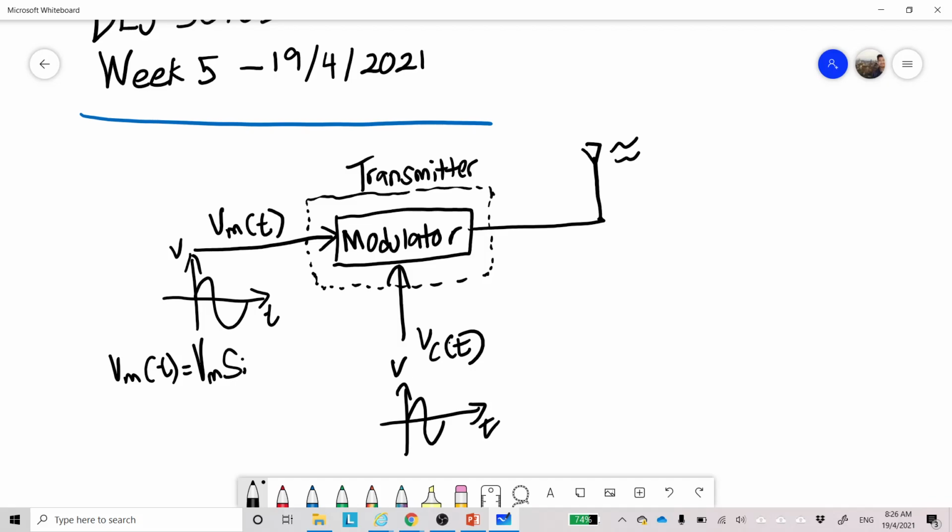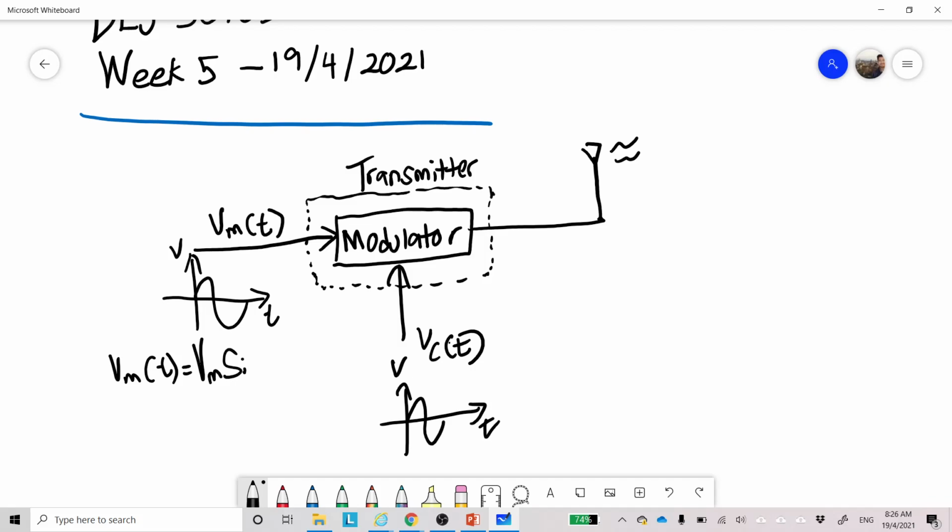Perubahan hasil daripada mixing ini mengakibatkan perubahan amplitude carrier berkadaran dengan perubahan amplitude daripada input message. So this is what we call amplitude modulation. The amplitude modulation is the process of changing the amplitude property of the carrier in accordance with the amplitude variation of the input message.